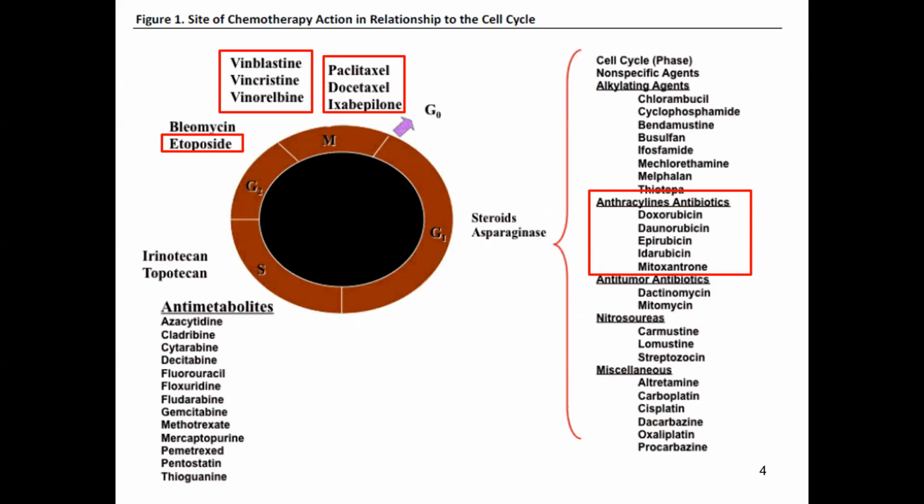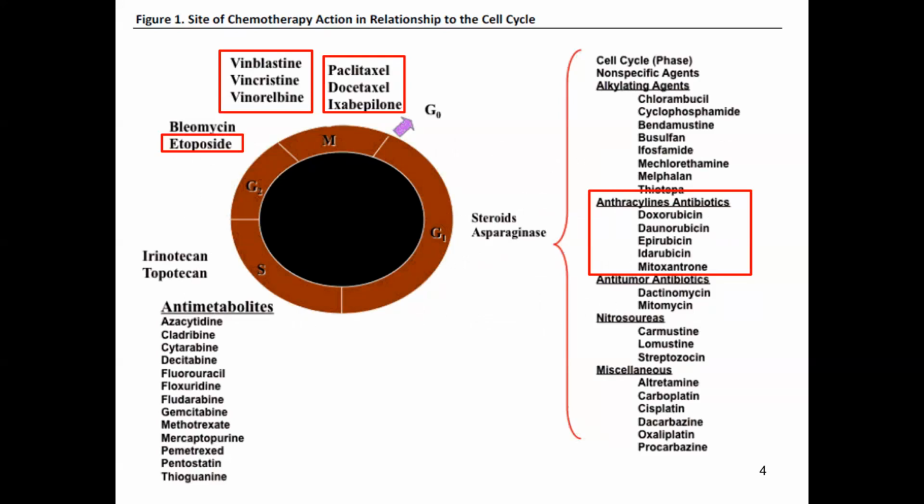All right, this is just to remind people of the cell cycle site of action. Drugs that are non-cell cycle specific, such as anthracyclines, work in all phases of the cell cycle, so these work on preformed DNA. Other meds, such as the taxanes and the vinca alkaloids, work in mitosis. And just as a reminder, G1 is where protein synthesis and organelles are duplicated.